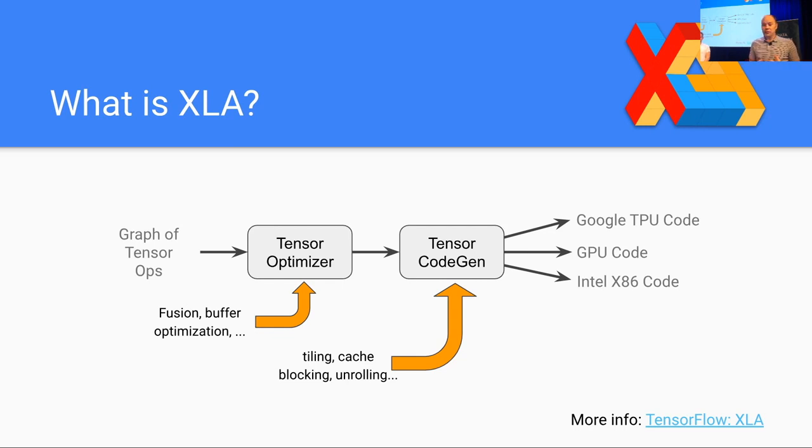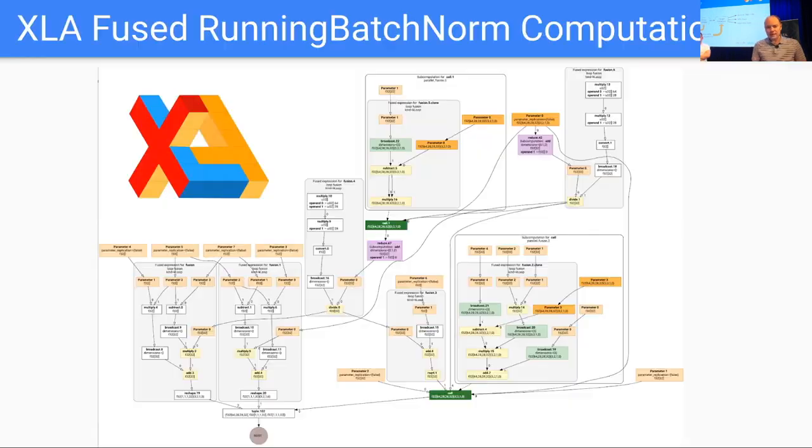It does low-level optimizations to allocate buffers, to take these different kernels and fuse them together. And then it generates really high-performance code that runs on things like CPUs, GPUs, or TPUs, which are crazy fast high-performance accelerators that Google has. So XLA does all this stuff for us now, which is really exciting.